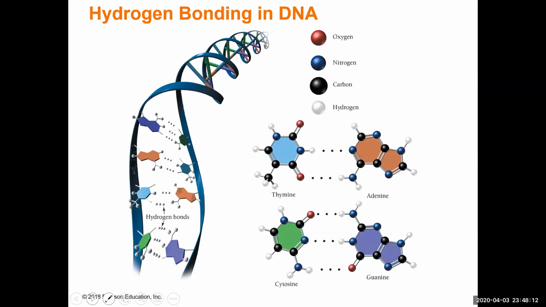We see that hydrogen bonding also occurs in the double helix structure of DNA. So we see between thymine and adenine that this hydrogen that's bonded to a nitrogen in one molecule has a hydrogen bond attraction to the nitrogen of the adenine.